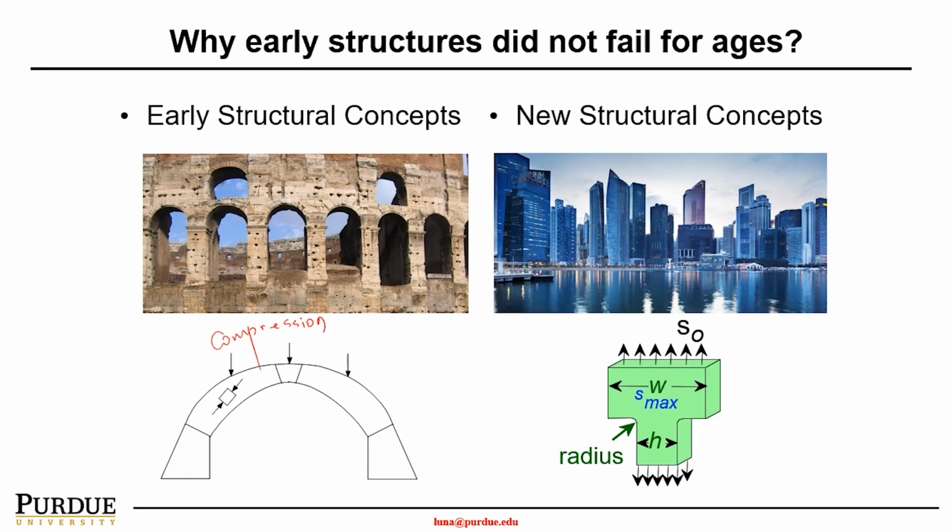If the material has a crack, as clearly shown here, the crack is not expanding; rather than tension, it is compressed and contracts. So the size of the crack would not be extended. So there is not much chance for the crack to grow or propagate. Number one. Number two, most of the designs use the arch design.